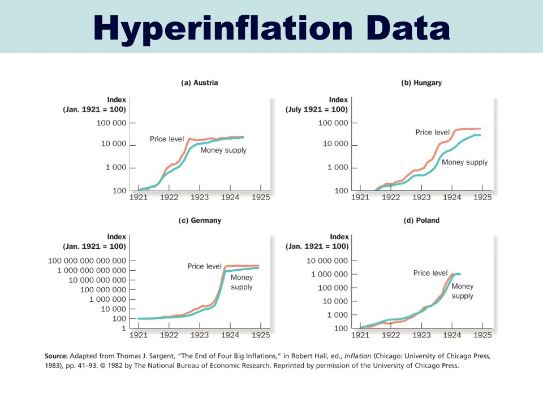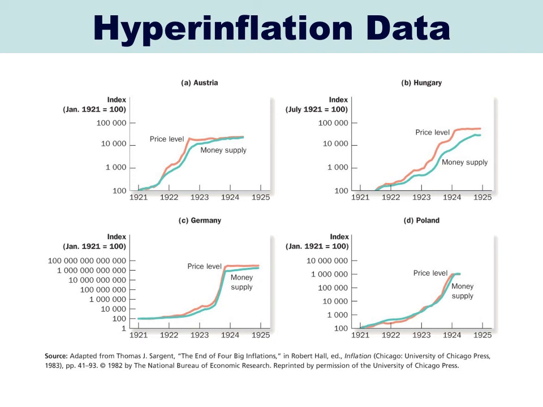We can see Hungary was involved as well. In 1921, I could buy something for $100. And then in 1924, that same good would cost me about, this looks like a logarithmic scale, about $80,000. And Germany was the worst offender. You could buy something in 1921 and 1922 as well for about $100.